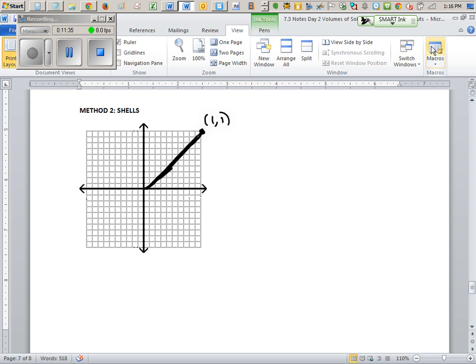And here's my root x curve, like that. And the loop-de-doo is the same. We're actually still rotating around the y-axis. The solid looks the same.